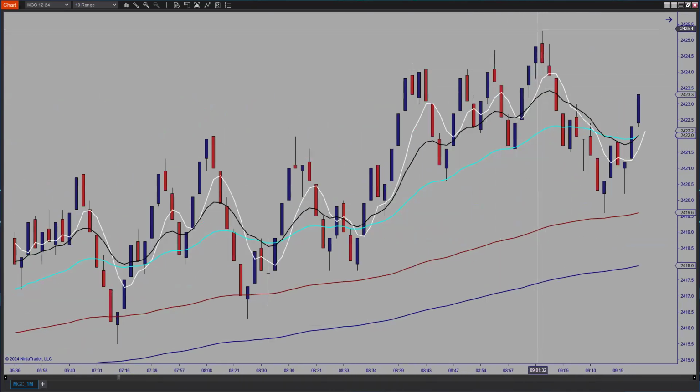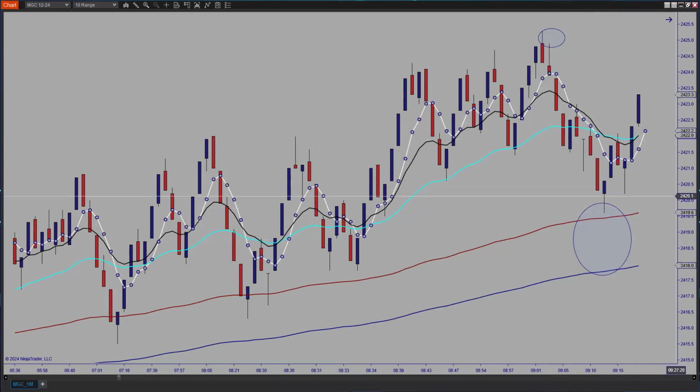So did the market make a new high? Yes or no? Yeah, obviously. Did the market pull into the 130, 144, 233? I think so. A couple ticks away. Close enough. Very close. 13 is crossing back above 34. Now, think of it this way.